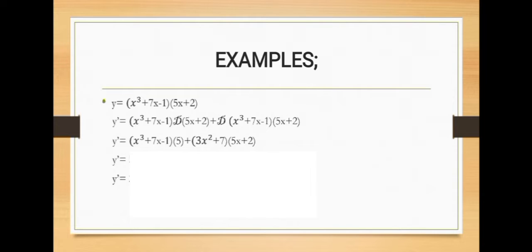So what are we going to do now? Now let's solve the multiplication. We just distribute each of the terms.